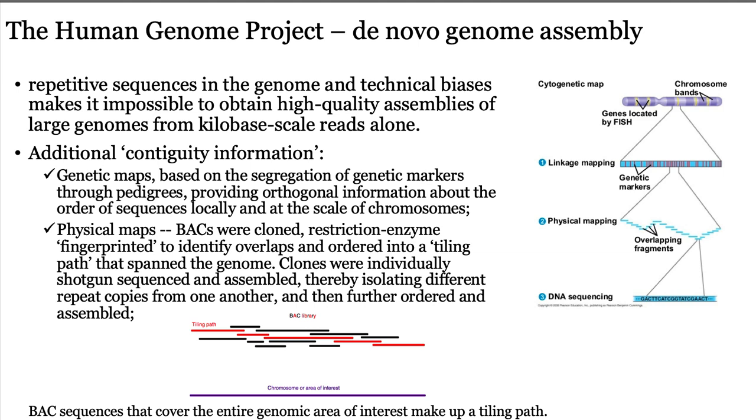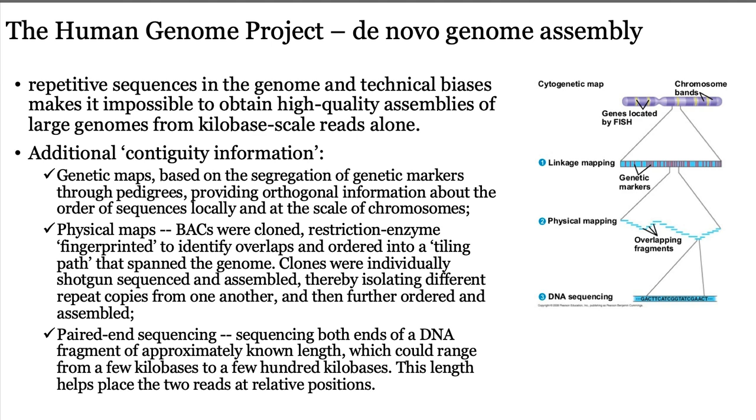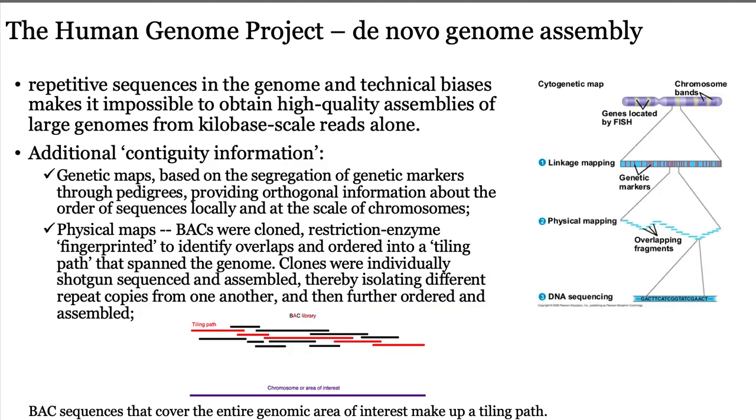Now that you have the contigs, we need to use other information, because we need to know where those contigs are from. Where are they on the chromosome? This kind of information is called contiguity information.